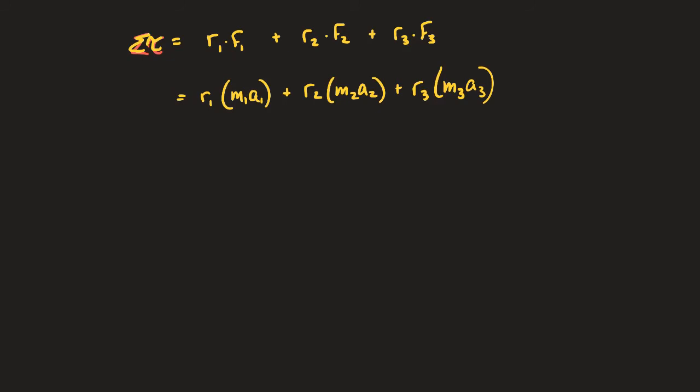Now, this part might be harder for you to understand, but A1 has got to be R1 times alpha. Just like A2 has got to be R2 times alpha. And A3 has to be R3 times alpha. And it's the same alpha for all of them.